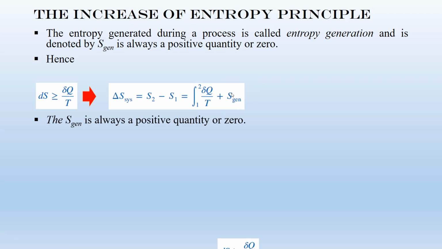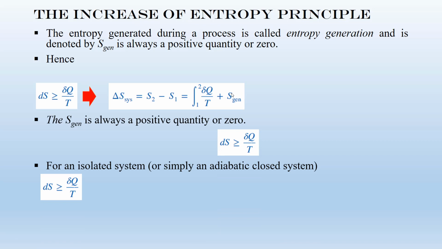For example, for an isolated system. What is an isolated system? An isolated system is an adiabatic closed system. For an isolated system, if you write this inequality, it's an adiabatic process, so the delta Q is 0, correct?